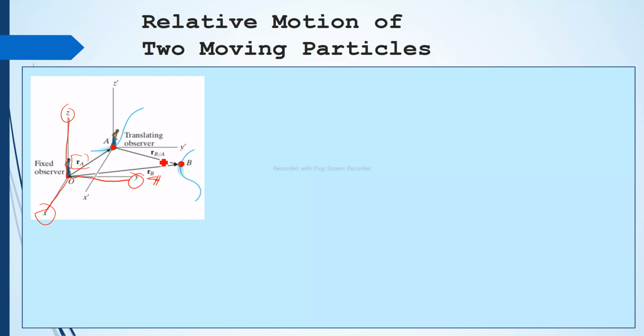And then we have here rB/A. What does this represent? If we try to determine the relative position of B with respect to A, we have what we call the relative position vector, or the relative position equation.